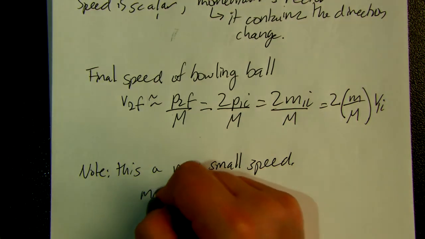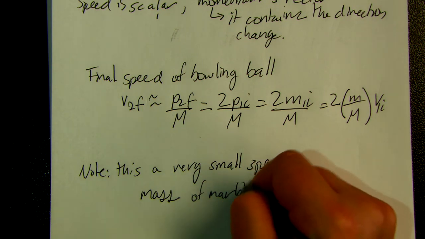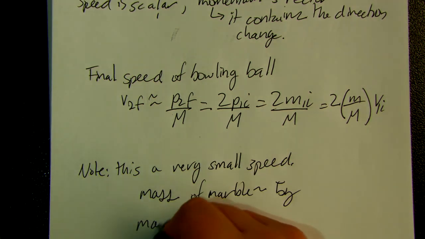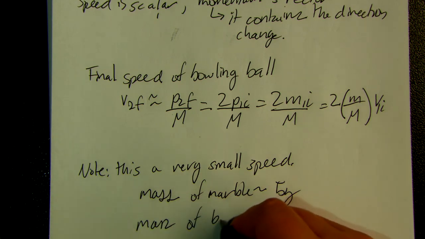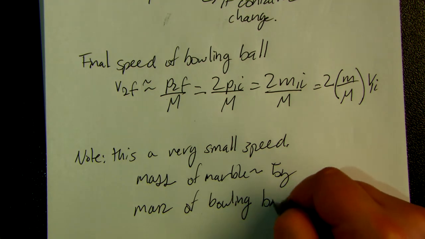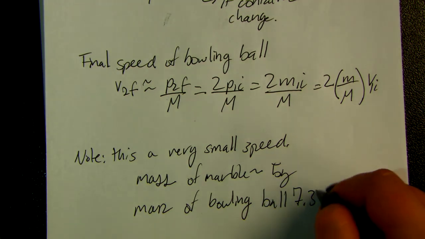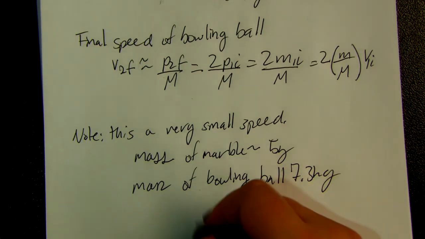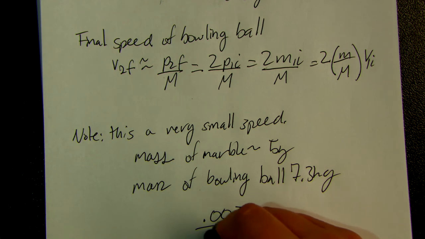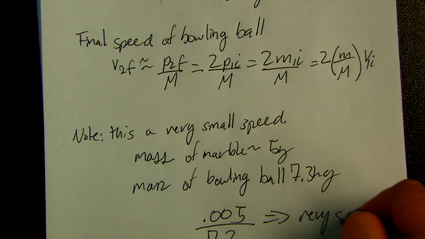So the mass of a marble is approximately 5 grams. The mass of a bowling ball is approximately 7.3 kilograms. So you have 0.005 divided by 7.3. This is very small.